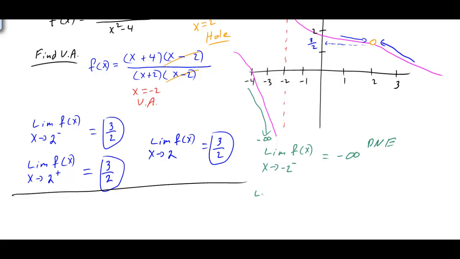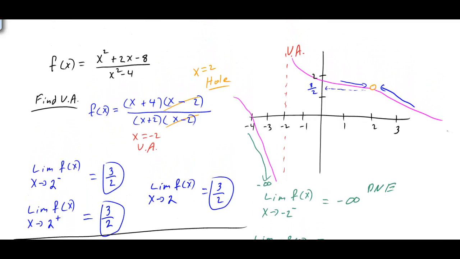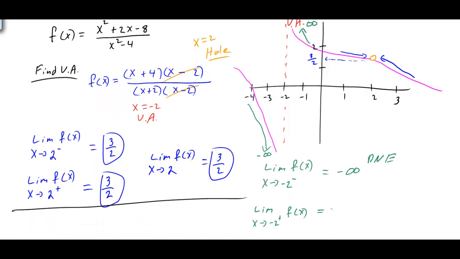And if we were to look at the limit as x approaches negative 2 from the right, well, over here, if we approach it from the right-hand side, again, our limit is going to positive infinity, which means our limit does not exist.